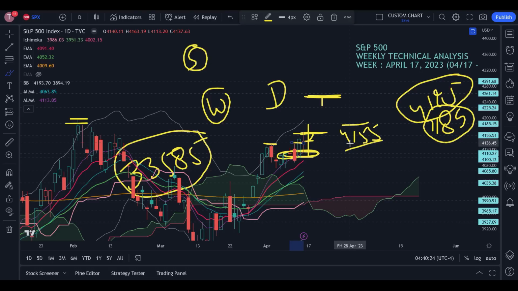I remember someone mentioned that if I say this is the level 4100, do not think that 4100 is the exact level. Most of the time it is, because my support and resistance levels are accurate to the decimal point, but sometimes it doesn't happen.